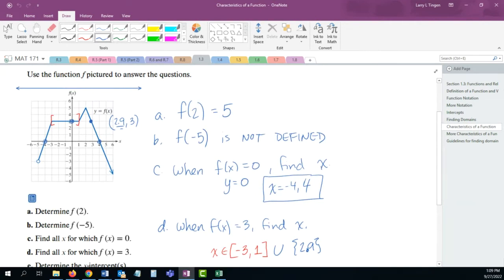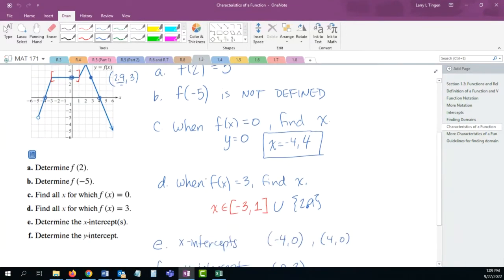It said, when f of x equals 3, find x, and we ended up with a set where I had an interval and a set of listed data. I just want to make sure that was comfortable.